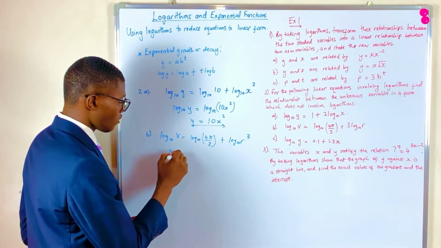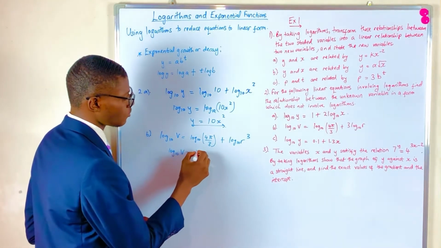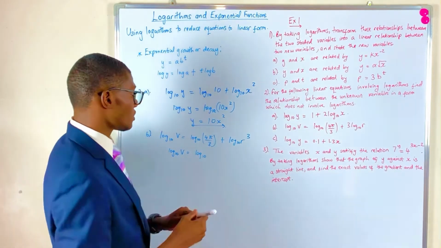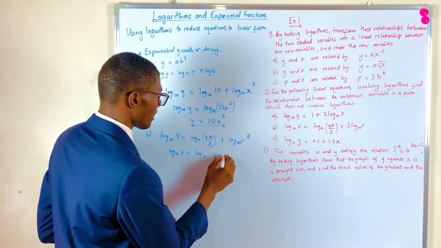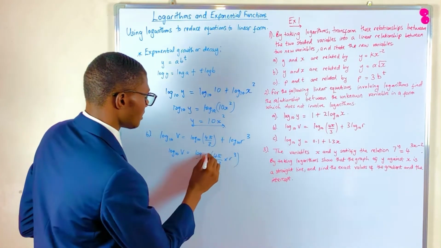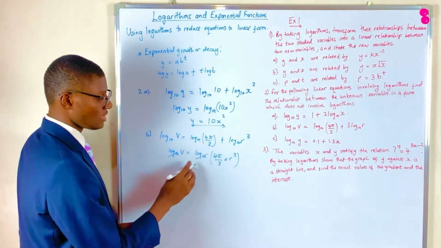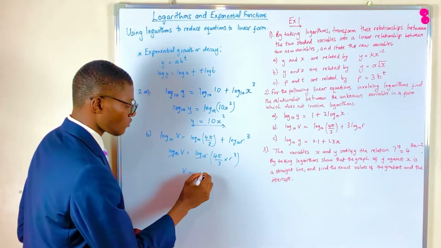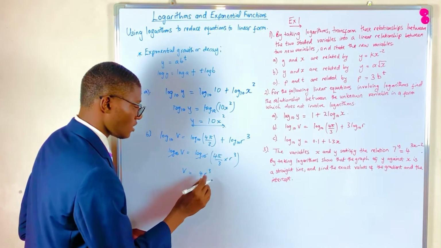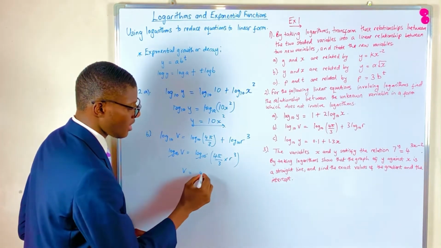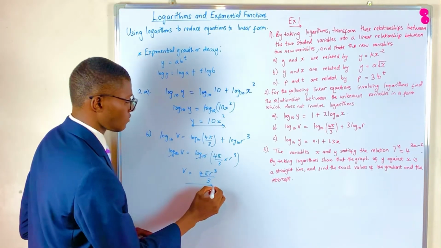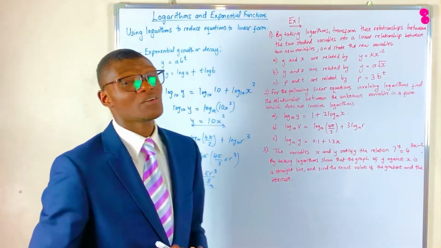Then we've got log to base 10 of v being equal to log to base 10, this is addition, so we shall multiply 4 pi over 3 times r to the power of 3, and if we remove these logs to base 10, v will be equal to 4 pi r cubed over 3. So this is the result that we want for part B.